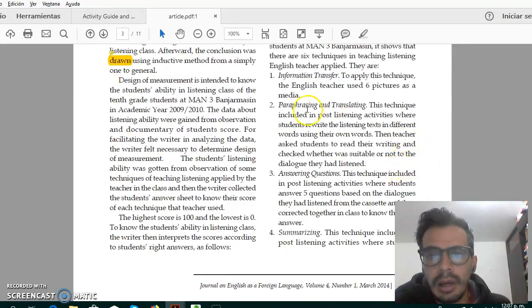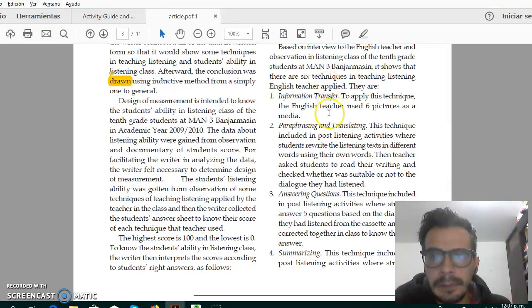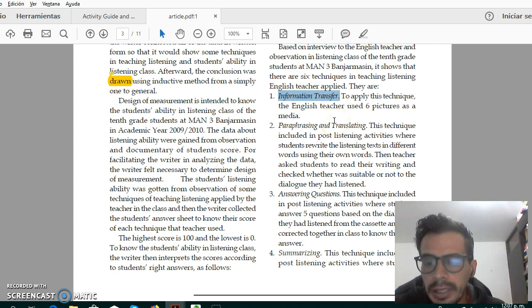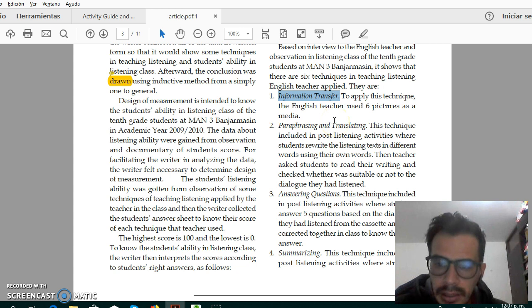For the first step, the researcher describes each technique of teaching. In this study, we can find six techniques for teaching listening skill, and the researcher observed these techniques and the results based on scores obtained by each student.